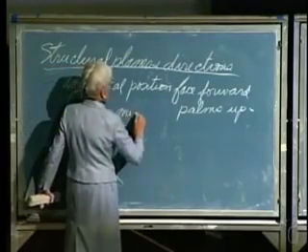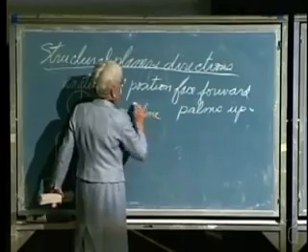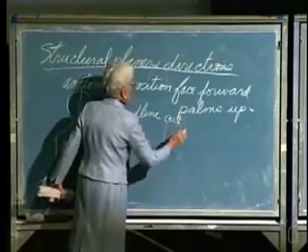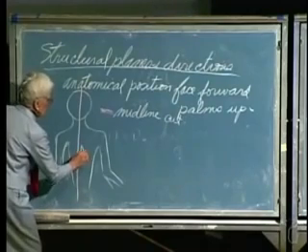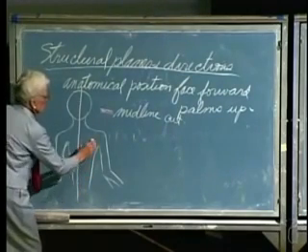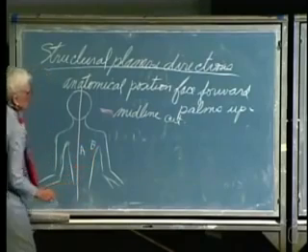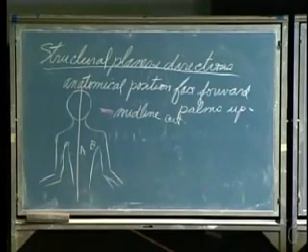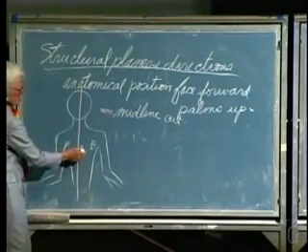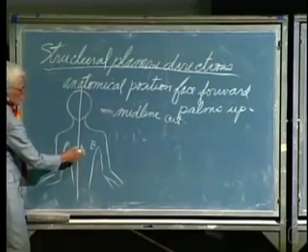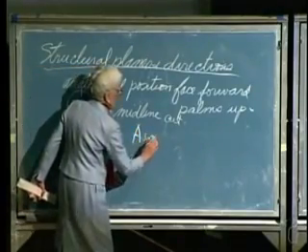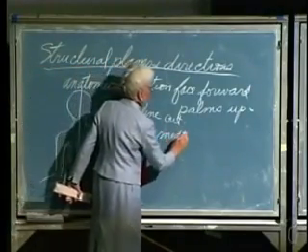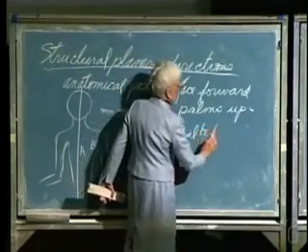Midline. And if we're talking about a structure that's going to be here versus a structure that's going to be here, we will say that A is medial to B. It's closer to the midline. A is medial to B.